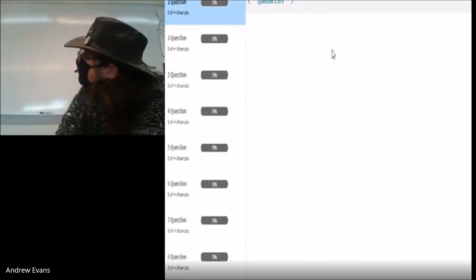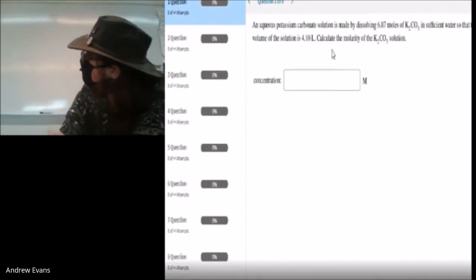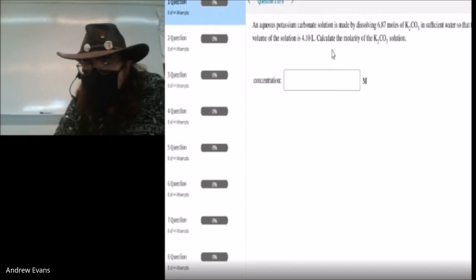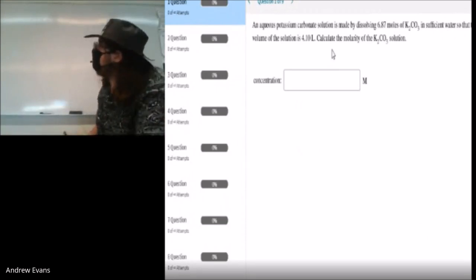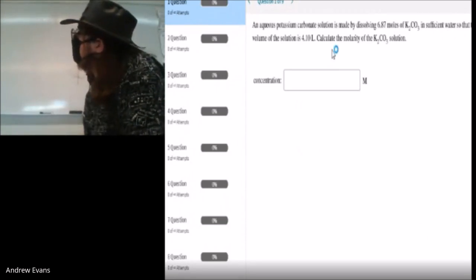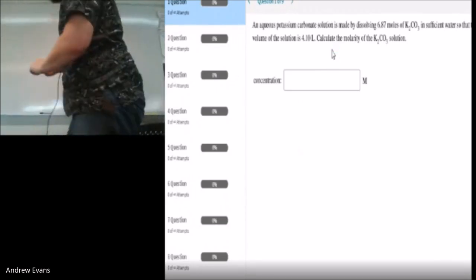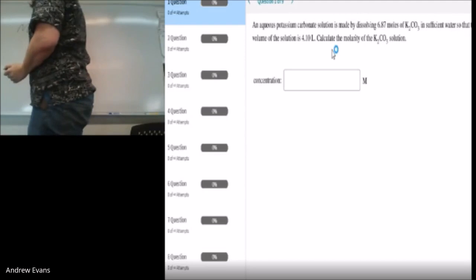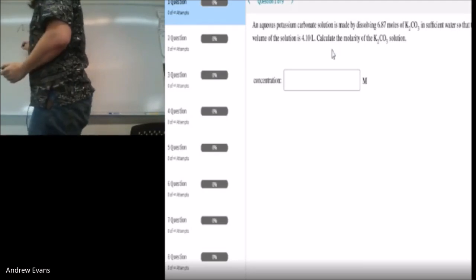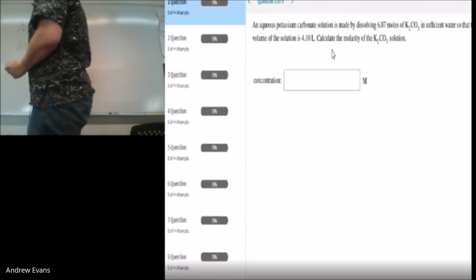Okay. A lot of these, some of these are just calculating molarity. Some of these are going to be turning grams into molarity. Some of these are going to be dilution problems. Now this one is pretty simple. Molarity is solved by moles over volume.